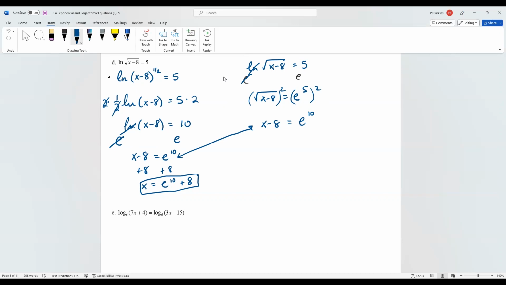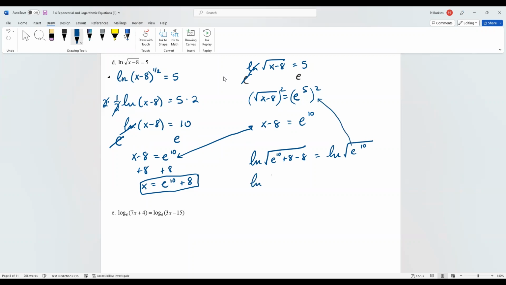Let's go ahead and plug it back in just to make sure it works. So natural log of the square root of e to the 10th plus 8 minus 8. And that's going to give me natural log of the square root of e to the 10th. e to the 10th is e to the 5th squared.